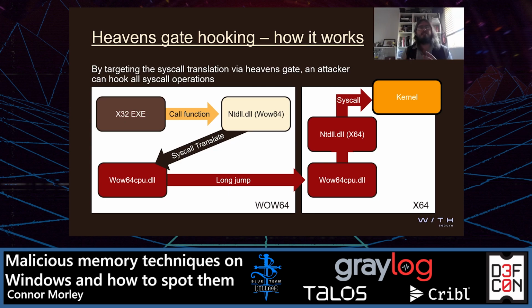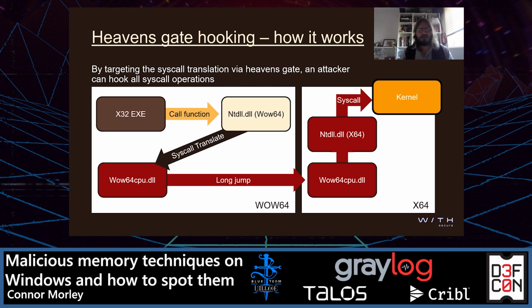This is a malicious technique that can be used for evasion, but it isn't manipulation of existing memory, so it's not something we're going to cover here. I just wanted people to be aware that Heaven's Gate can be used by a manual method implemented within malicious x32 code on a WOW64 system.